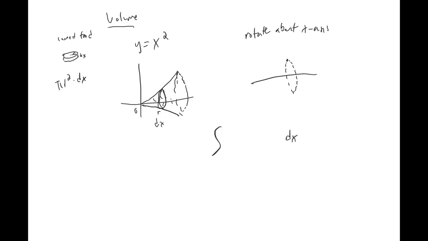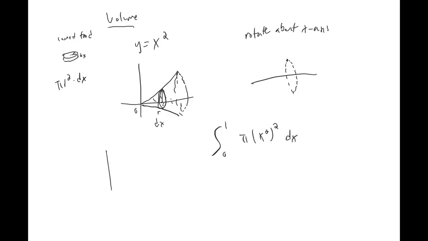Draw a line from here to here. It's a circle, so the radius is just x squared. So it's pi x squared squared. And this is for one little canned food, yeah? We're taking canned foods and integrating from 0 to 1, because this point's 1.